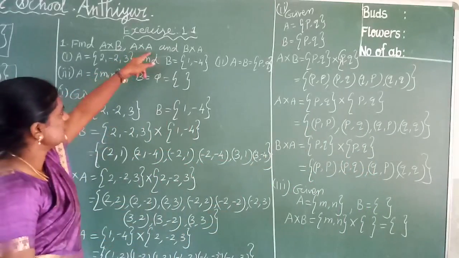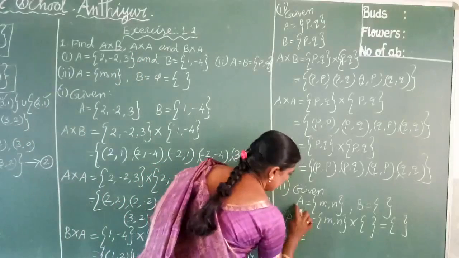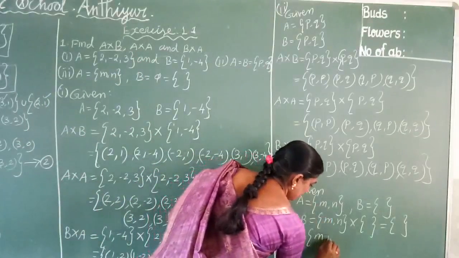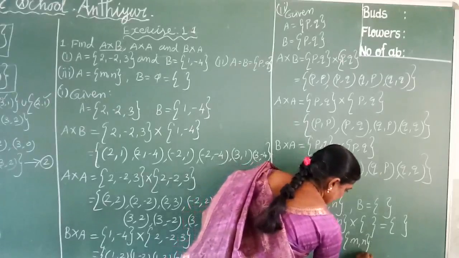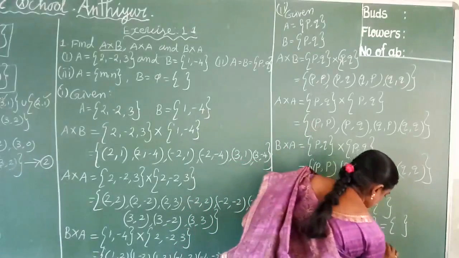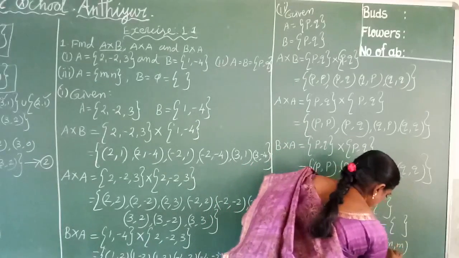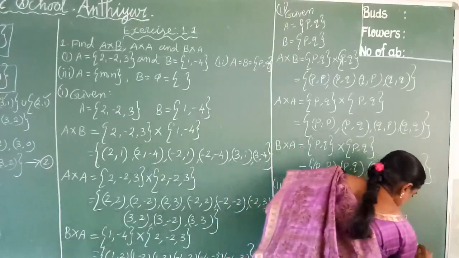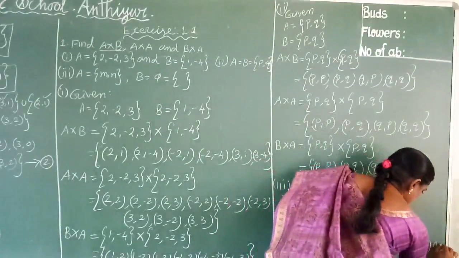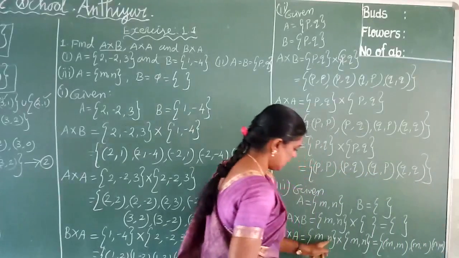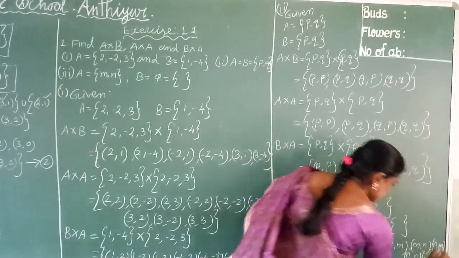Next, A cross A. A is {M, N} cross {M, N}. So what are the ordered pairs? (M,M) and (M,N), and here take (N,M) and (N,N). That's all.